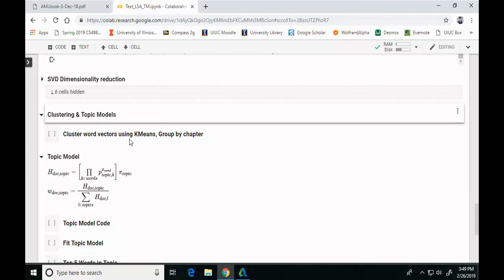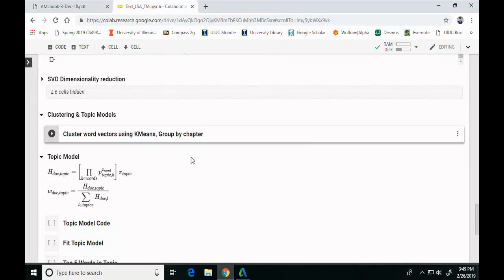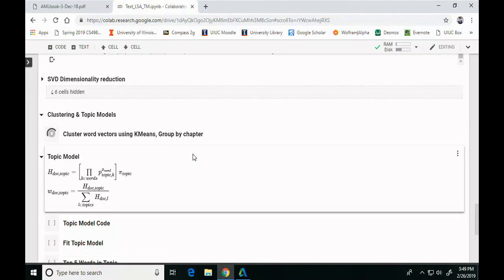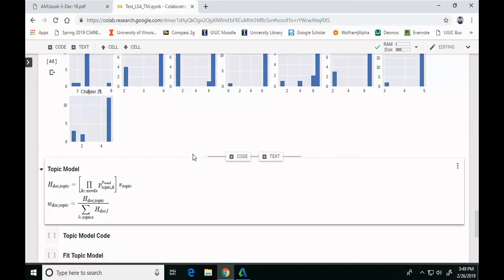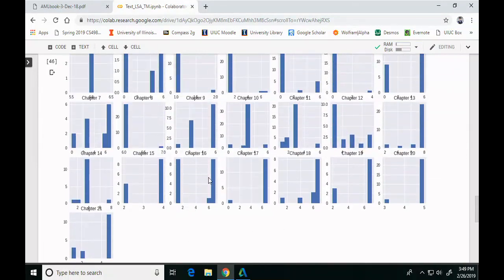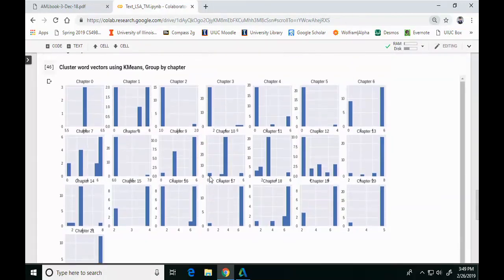Then I wanted to do some clustering on this data set. So I just clustered the data using k-means, and then I basically grouped them by chapter and just did a histogram of the clusters that the different pages got put in.